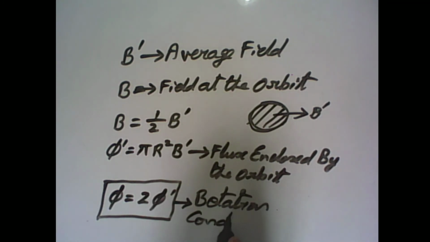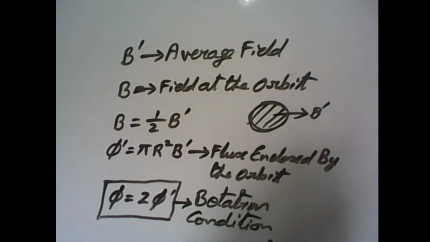So this condition needs to be achieved in a Betatron so that the electrons move in orbits of constant radius. This is achieved by specially designed pole pieces where the magnetic field is greater at the center of the orbit than at the circumference.